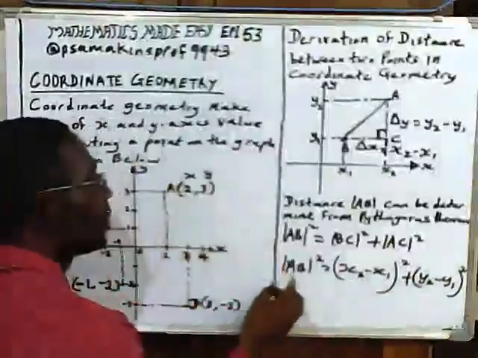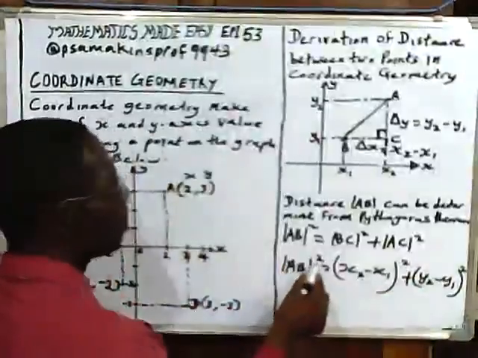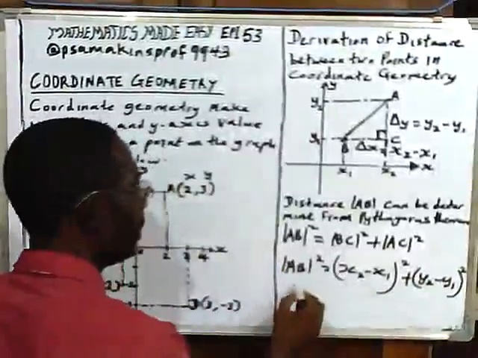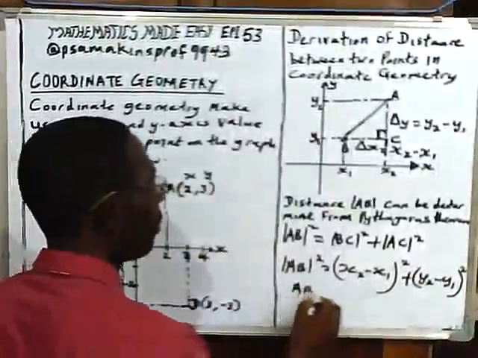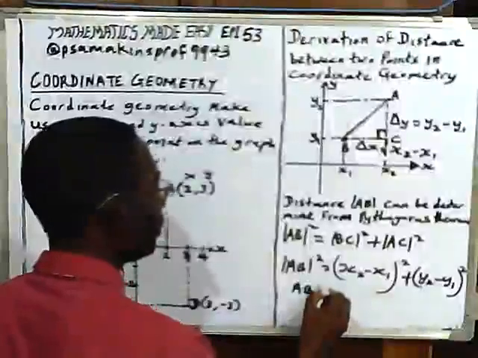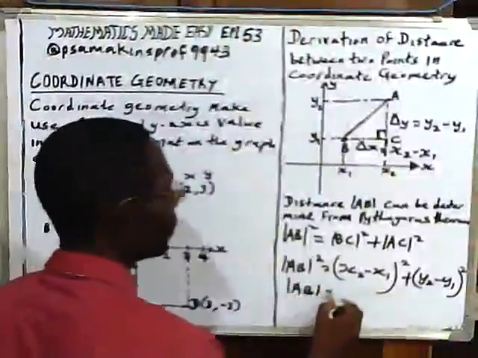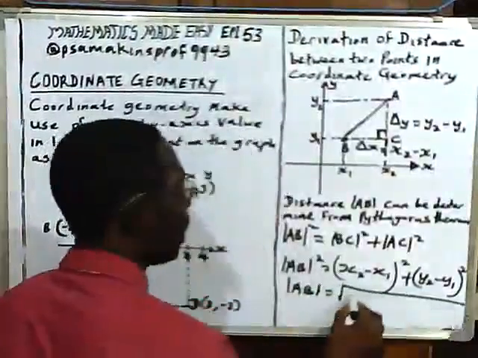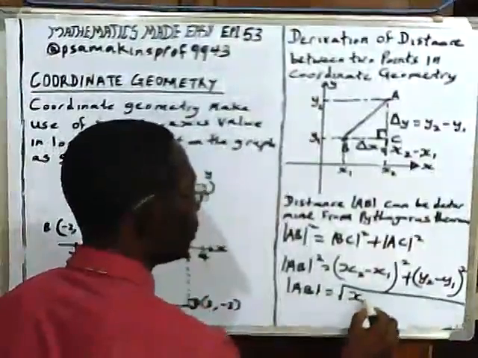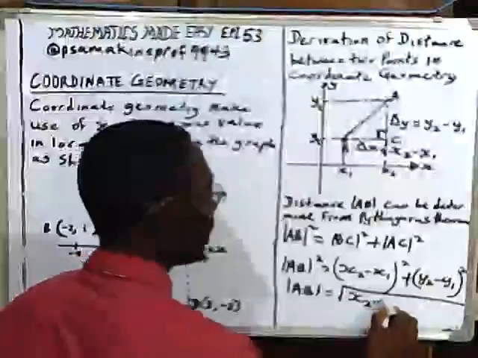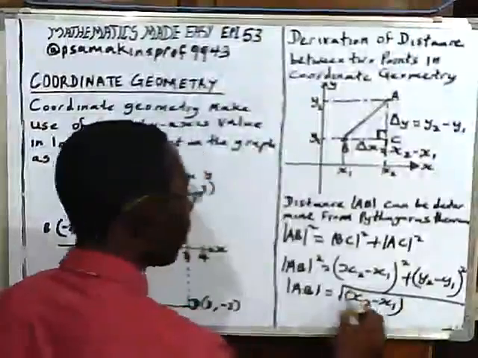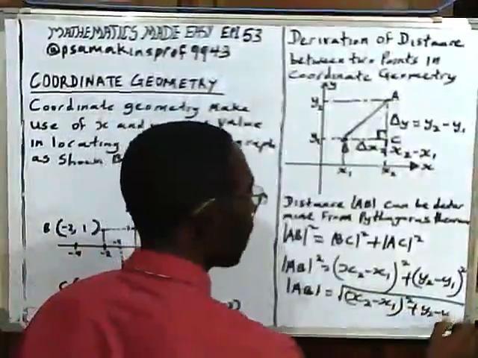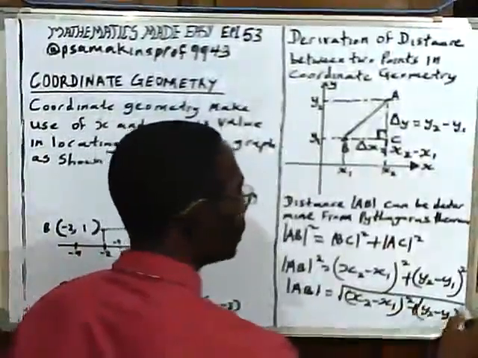But we are not looking for AB square, rather we are looking for AB, the distance between point A and B. We square root both sides to get our value, that is the square root of (x2 minus x1) all squared plus (y2 minus y1) all squared.